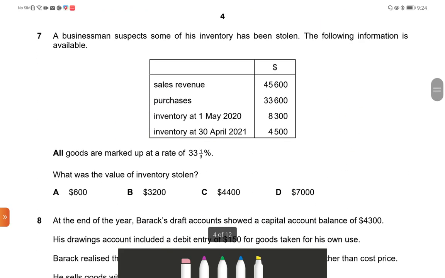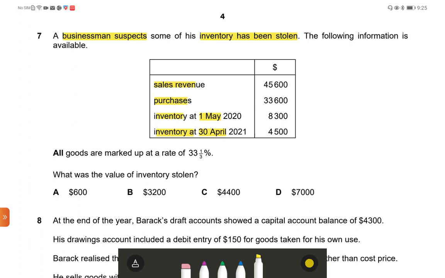Next, question number 7. A businessman suspects some of his inventory has been stolen. The following information is available: sales revenue, purchase, inventory on 1st May, inventory on 30th April.